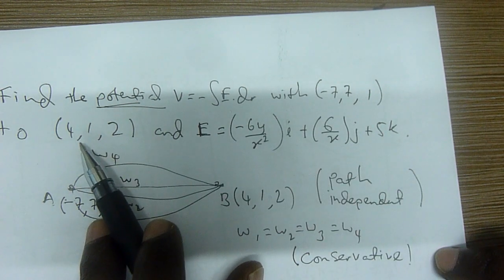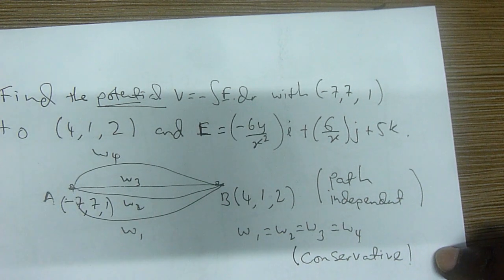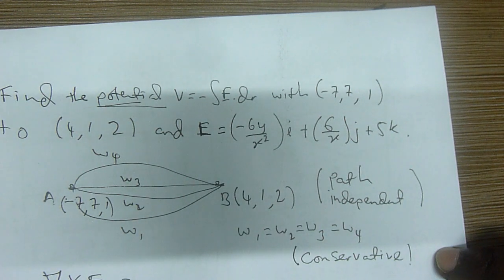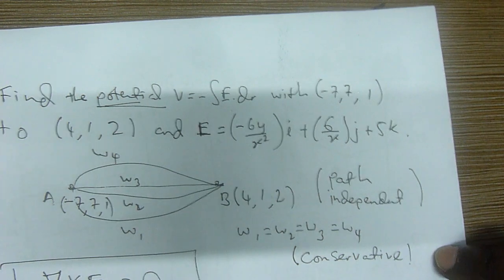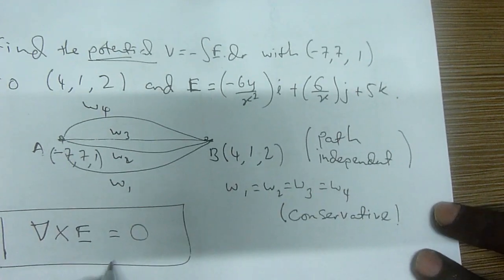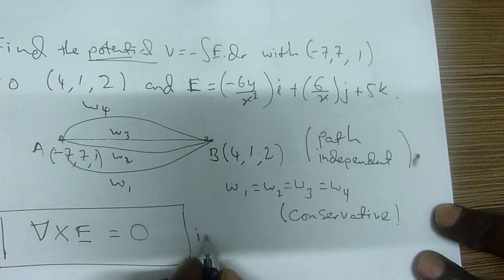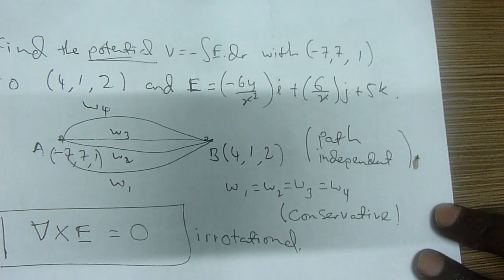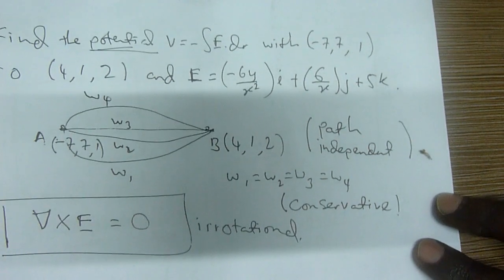Therefore, we have only one choice: to verify whether the curl of the field is 0 or not. If the curl is 0, then we can confirm this is irrotational. We can identify this as an irrotational problem.